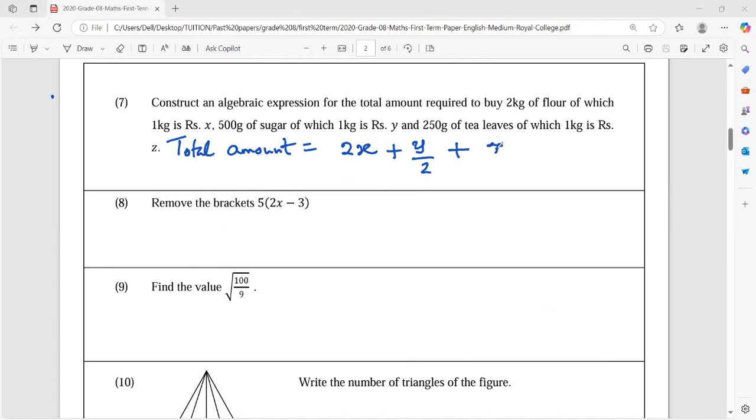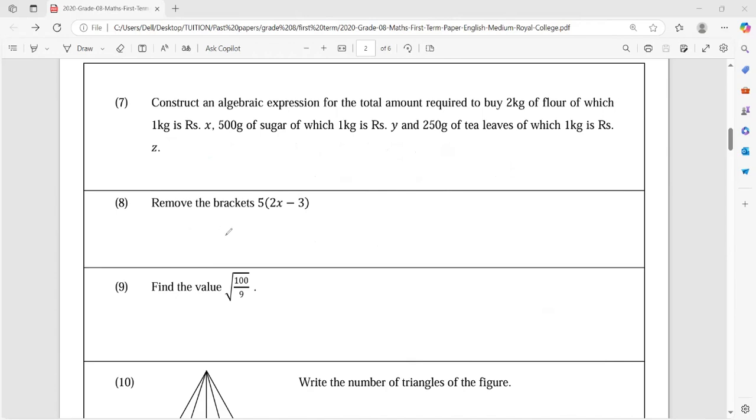Then Z divided by 4. That means when you divide 1 kilogram by 4, you get 250 grams. So this is the algebraic expression for the total amount required to buy the above mentioned items in the above mentioned quantities.